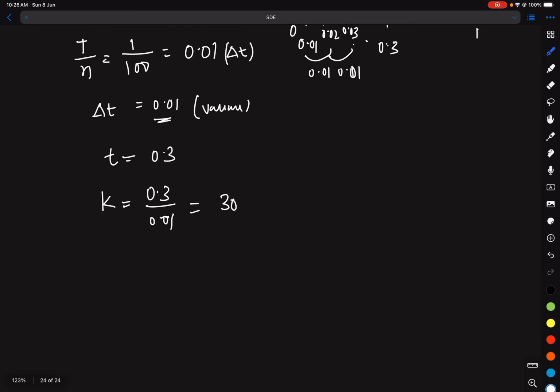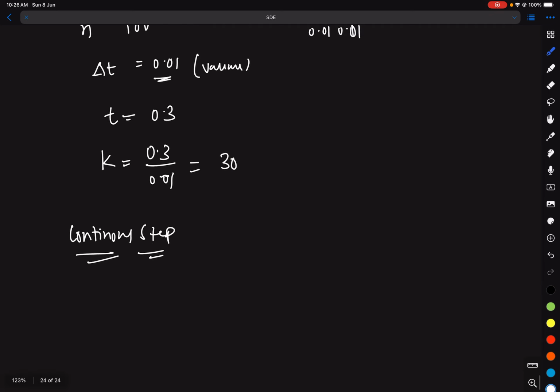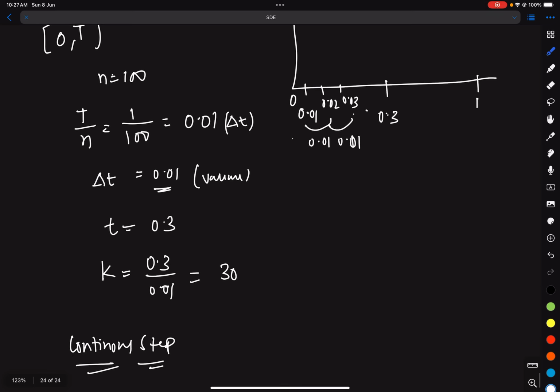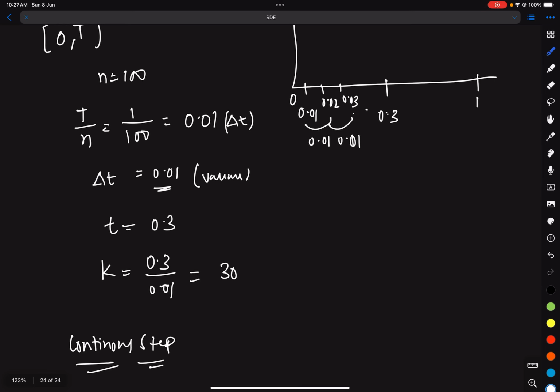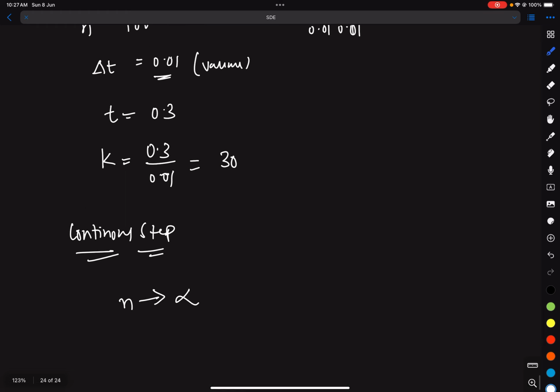Now the major difference for the continuous steps, the calculation of Brownian motion for continuous steps. If you remember, in the last video we discussed that n is the number of steps into which we divide the time interval, right? Instead of taking 100, n approaches infinity.